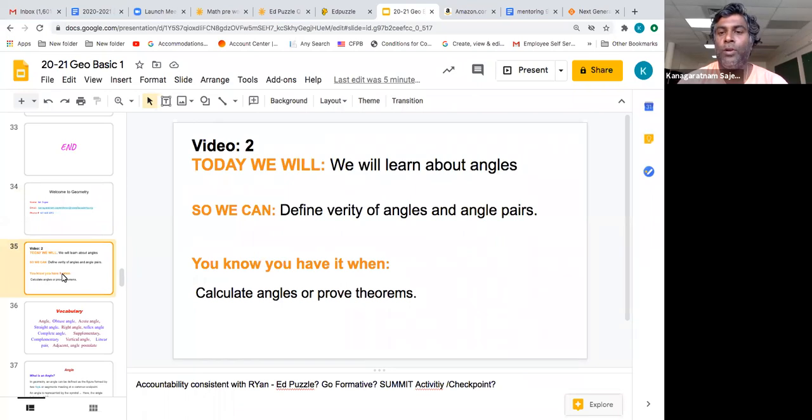Today, we will learn about angles. We can define a variety of angles and angle pairs. We will need them when we calculate angles or prove theorems.